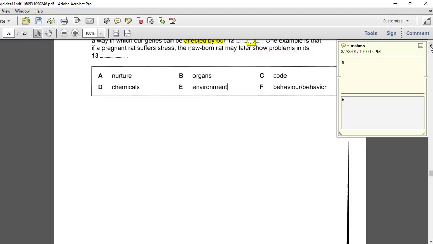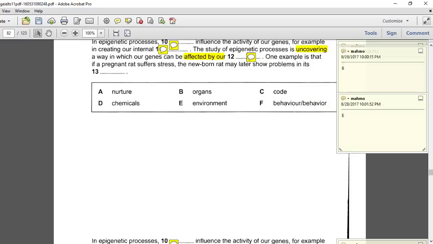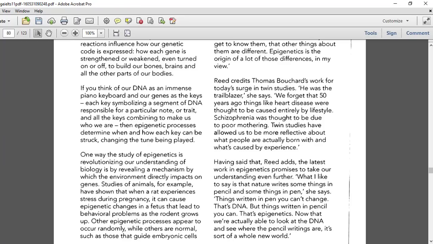One example is that if a pregnant rat suffers stress, the newborn rat may later show problems in its what? So I'll get back to the passage and see the rat. Looking for a rat.